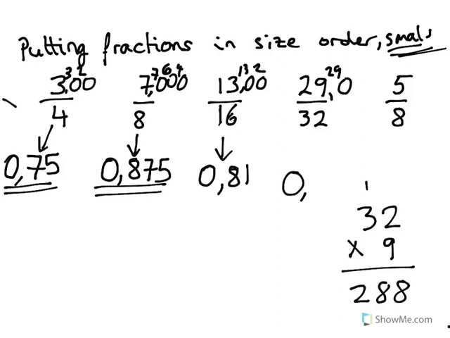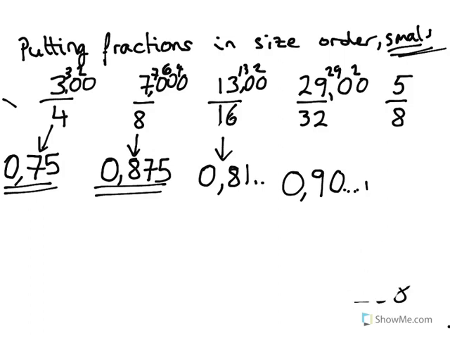Looks pretty good. So we would have a 9 here. And then there would be 2 left over, which is not enough to go another time. So it will be 0.90... It's not finished, and neither is this one. But it's good enough. We don't need a perfect answer. We just need to know approximately.